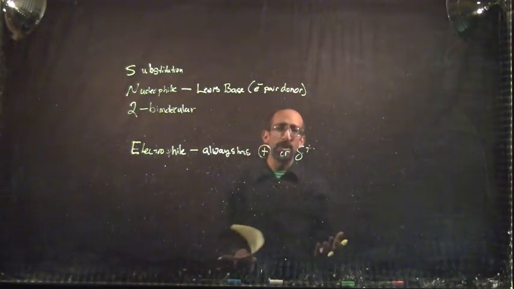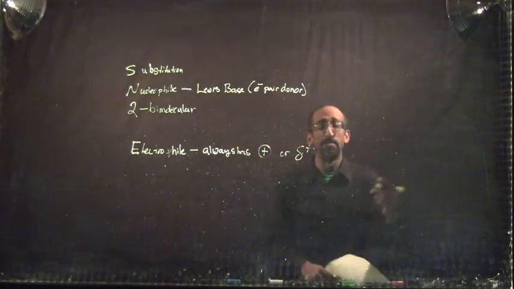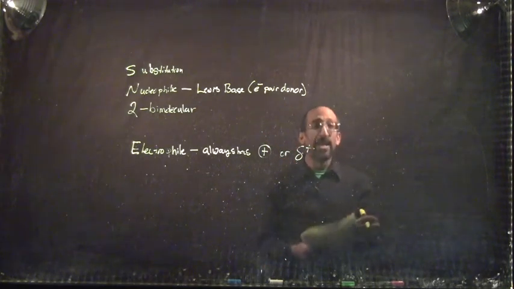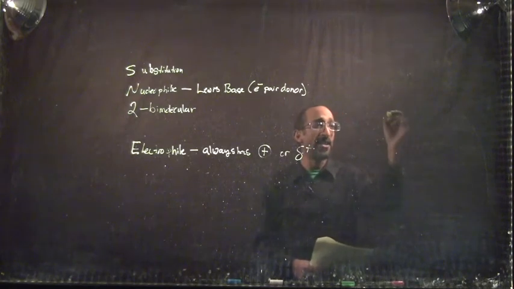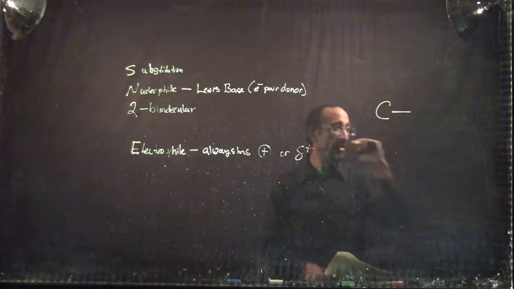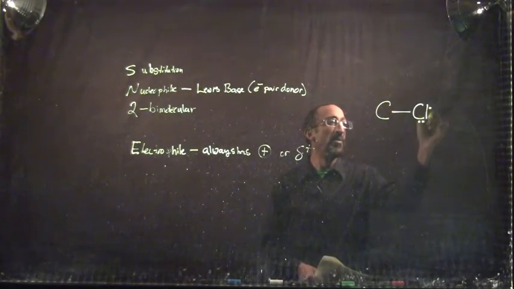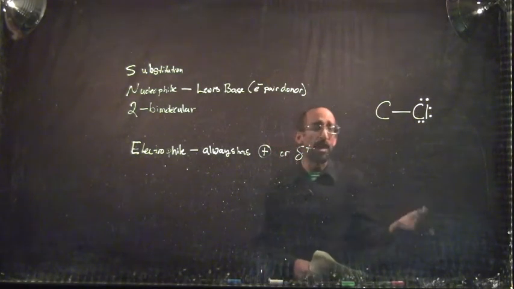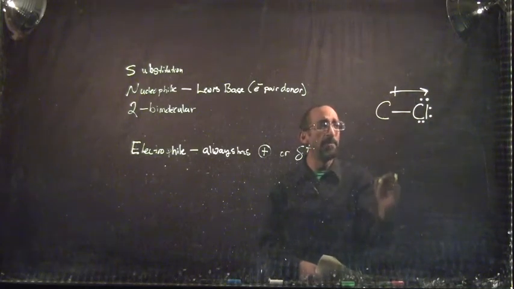So when an sp3 hybridized carbon atom is bonded to a more electronegative atom, for example a carbon halogen bond, that carbon halogen bond is polarized because the halogen is more electronegative. So if I have a carbon atom here, I'm just going to bond it to a chlorine atom. We know that chlorine's electronegativity is significantly higher than carbon's electronegativity. This bond is polarized in this direction.